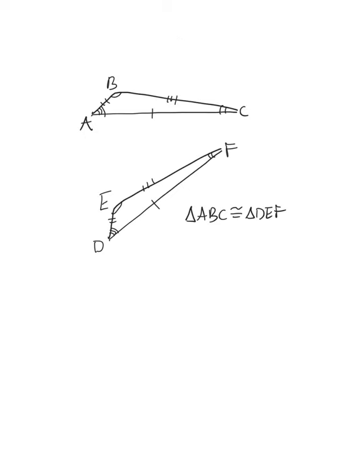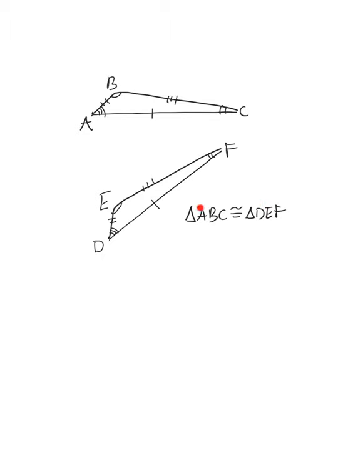All right, here's a quick example of two triangles that are indeed congruent. You can see here that I'm saying that triangle ABC is congruent to triangle DEF. You can see here length AB, I marked that with 2 ticks. I marked DE with 2 ticks. They are the corresponding sides here in our notation.